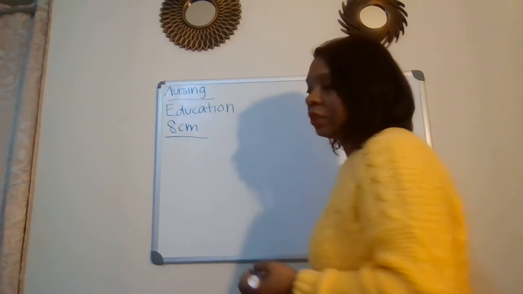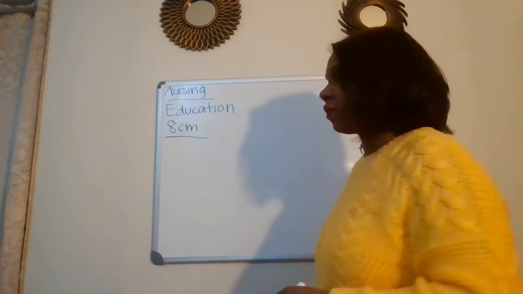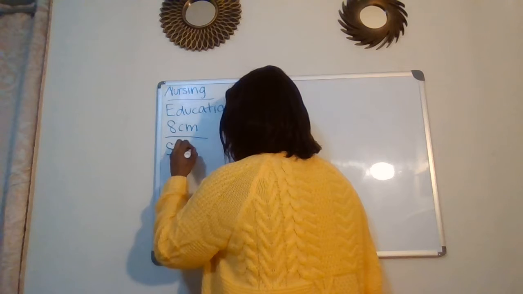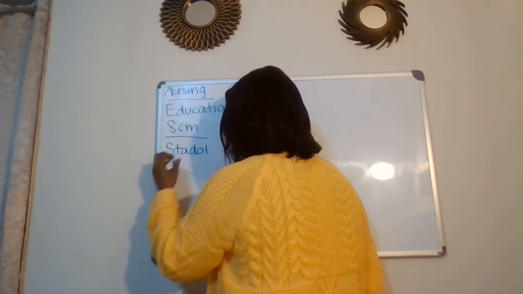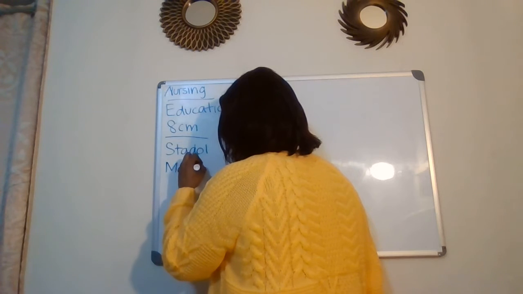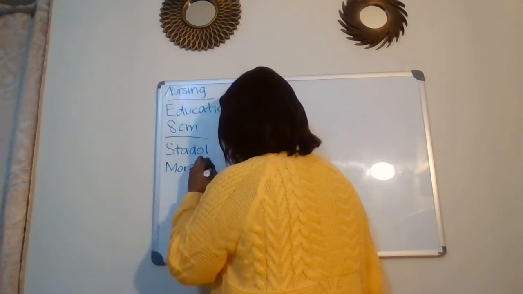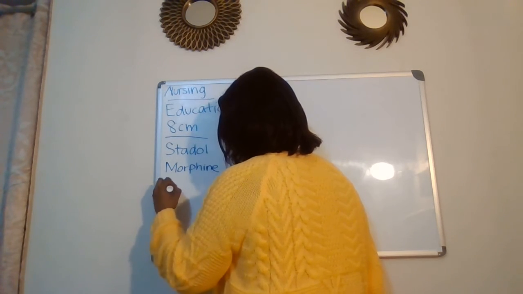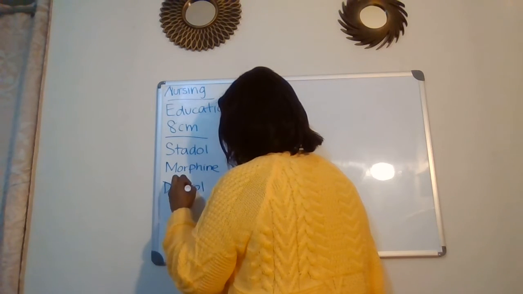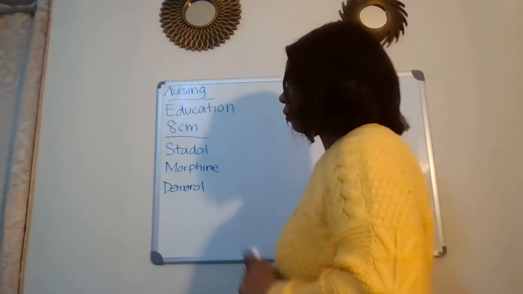Now, talking about nursing interventions, when the mother is at 8 centimeters, which three drugs do we not give? We're not going to give her morphine or Demerol at all.